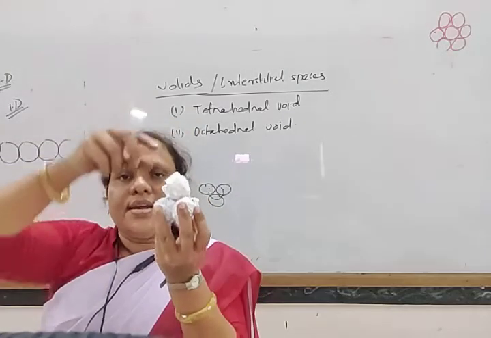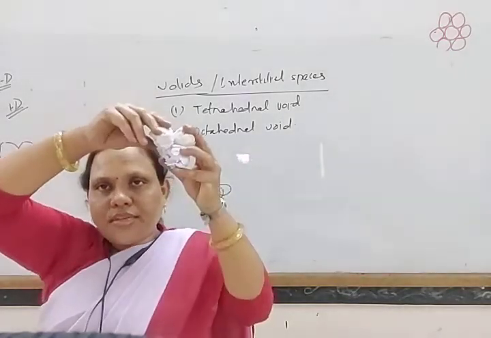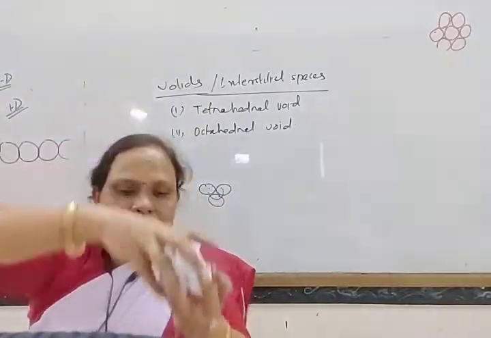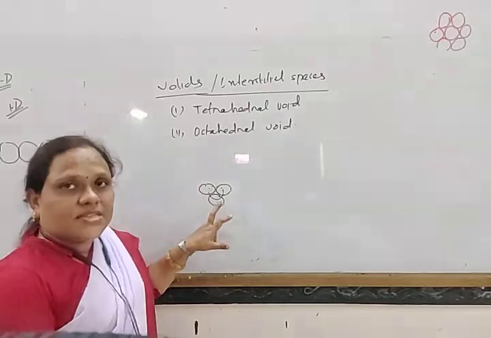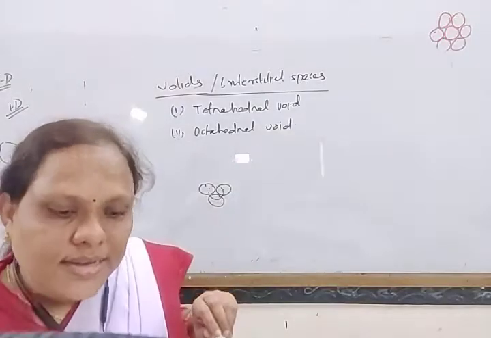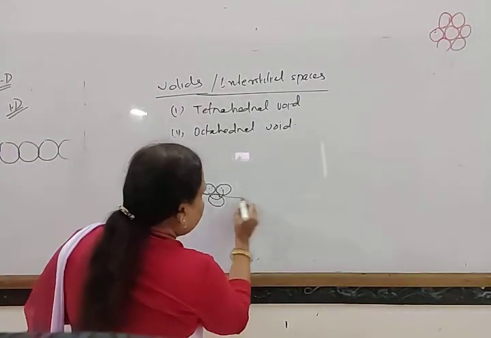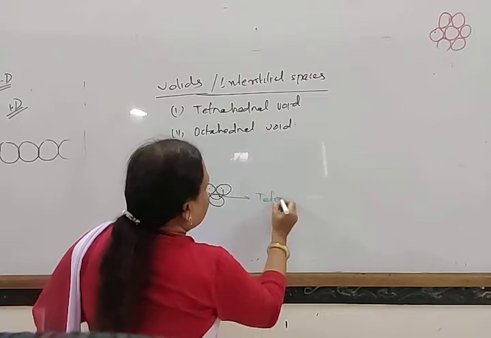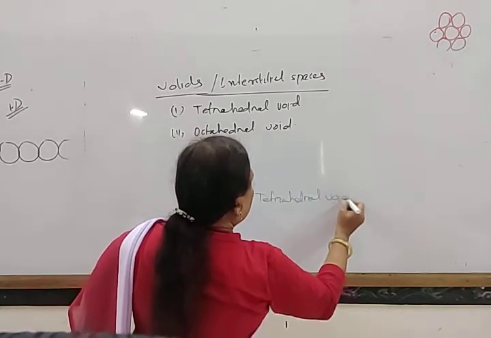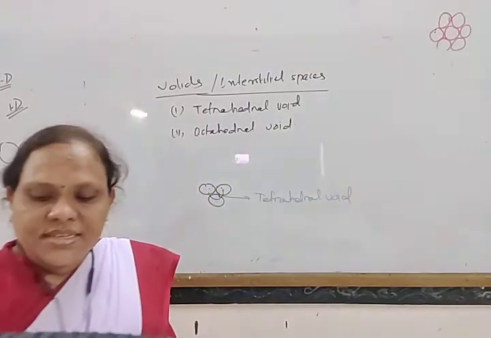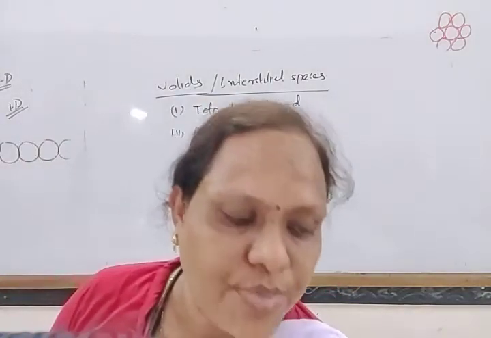Three are there and one remains here. What is the space here? That is known as the interstitial void, the interstitial space. So this is called a tetrahedral void. This space is called a tetrahedral void.